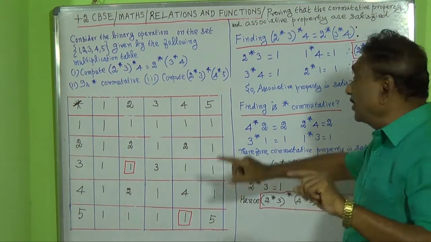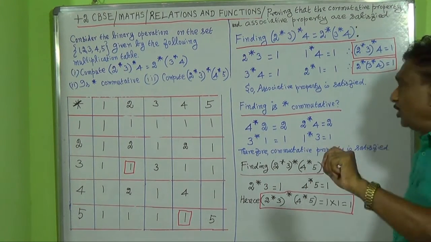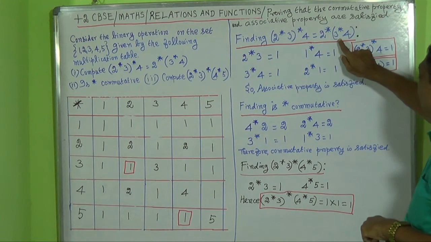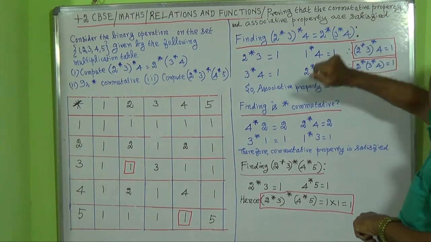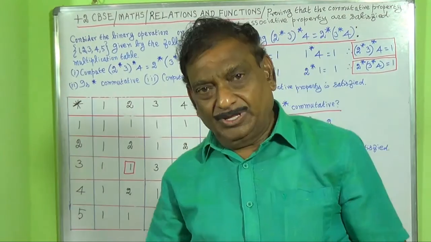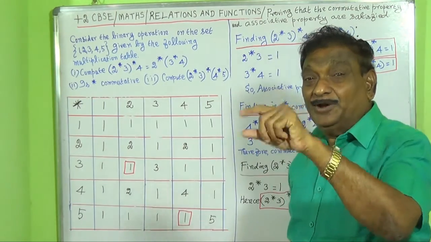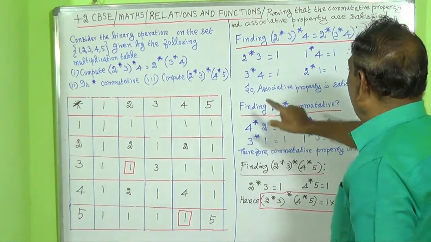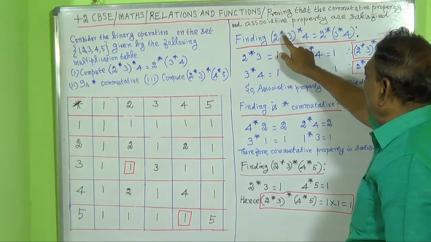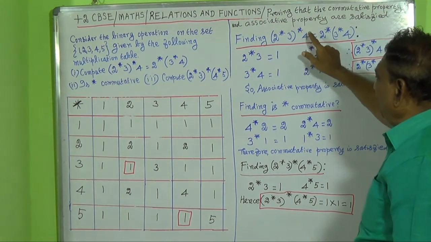In the right side expression, it is put between the second and the third number. So here the group is changed. First of all, we should find the result of the left side expression, that is (2 * 3) * 4.